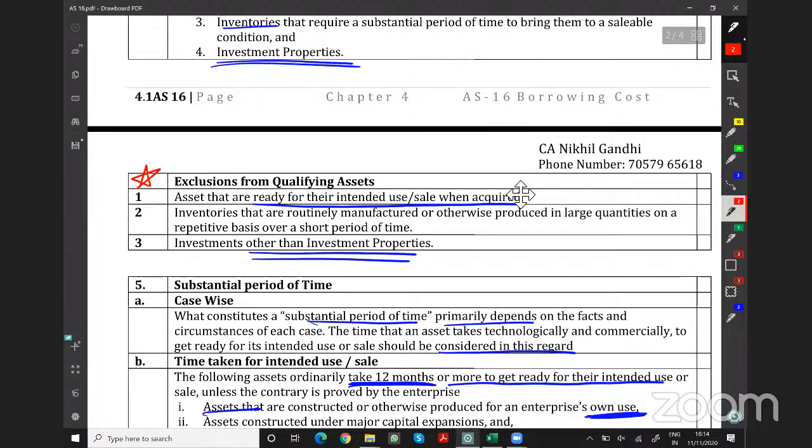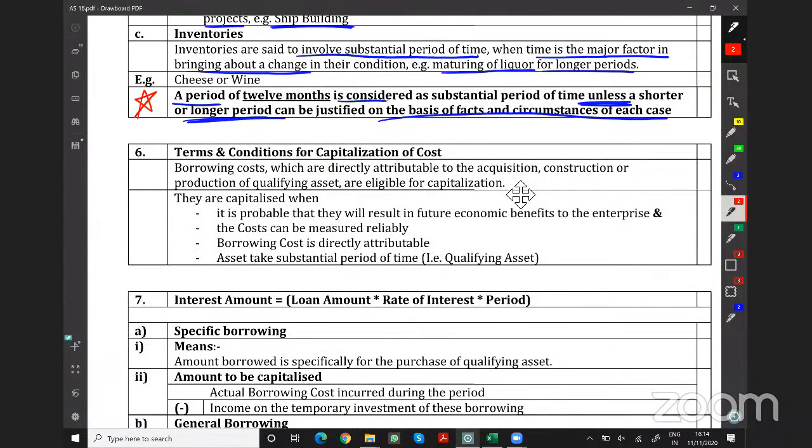So, terms and conditions for capitalization of cost. Borrowing cost which is directly attributable to the acquisition, construction, or production of a qualifying asset is to be capitalized. They are capitalized when it is probable that they result in future economic benefit to the enterprise and the cost can be measured reliably.